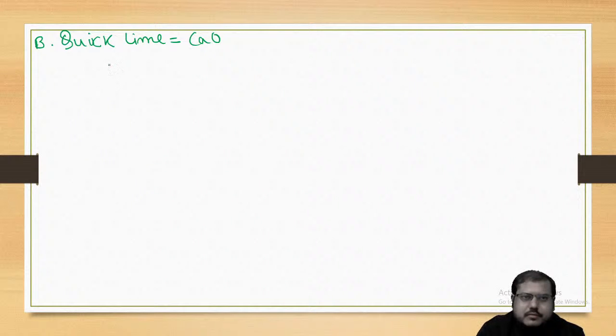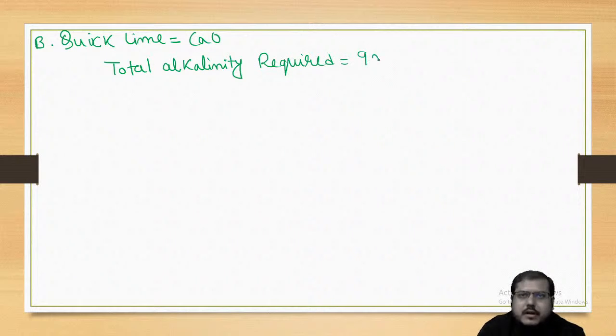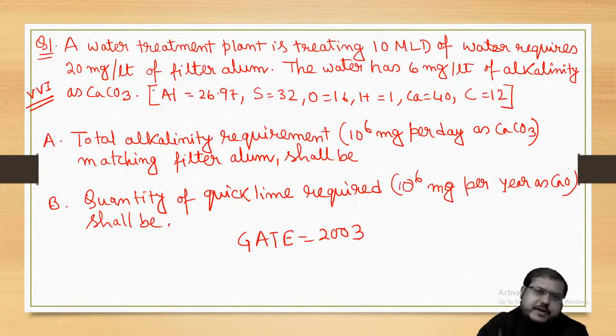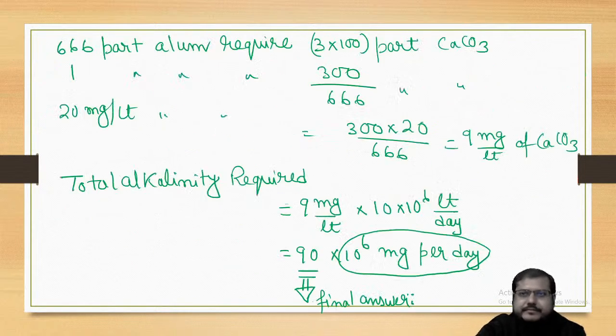So total alkalinity required 9 milligram per liter as calcium carbonate, right? The question mentions that water has 6 milligram per liter of alkalinity.